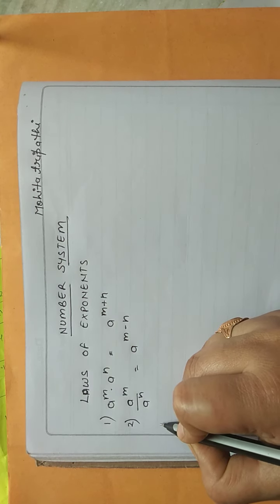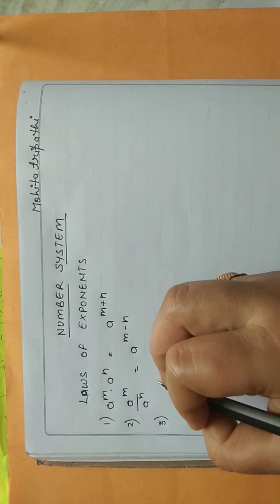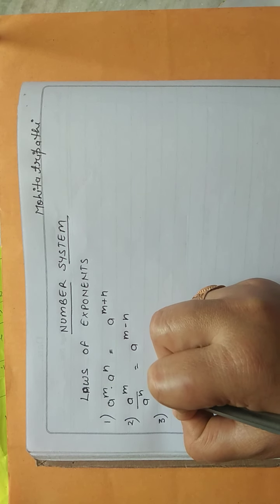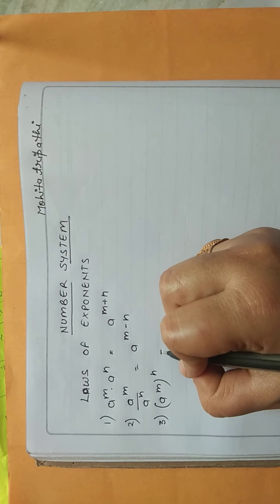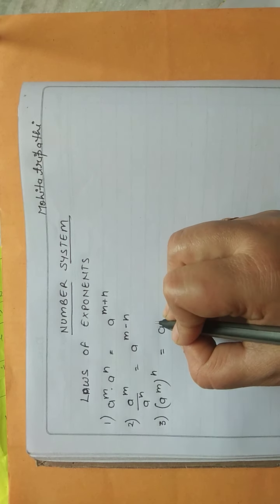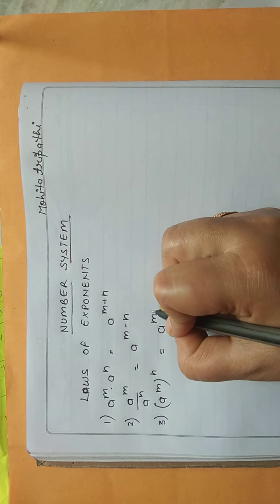Okay, our third rule: a to the power m, to the whole power n, gives a to the power mn.